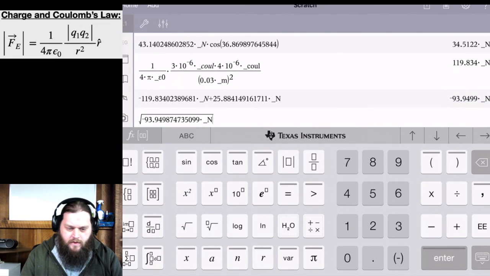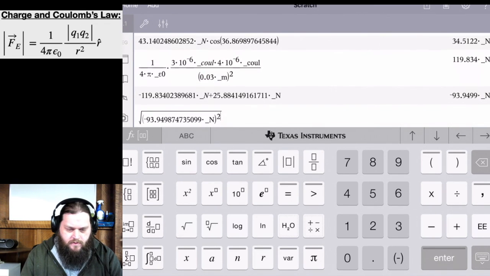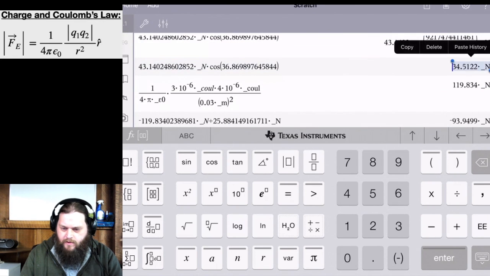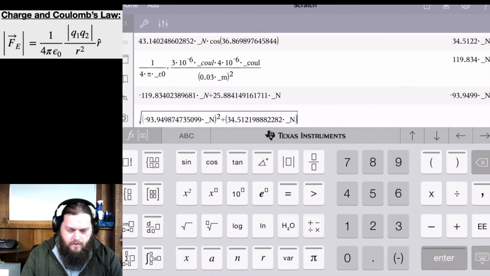Square root of that guy squared plus that 34 squared.